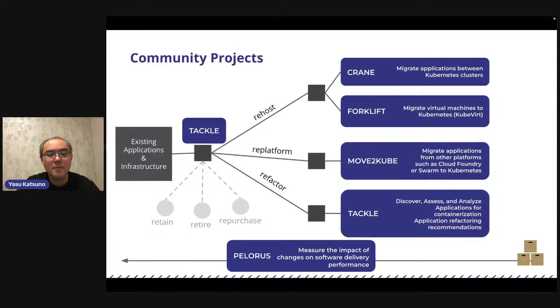Application users, especially application modernization engineers, have 6 choices: rehost, replatform, refactor, retain, retire, repurchase. This Konveyor community focuses on the first three choices: rehost, replatform, refactor. The first tool is Tackle.